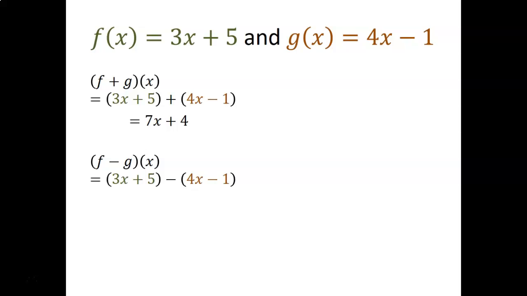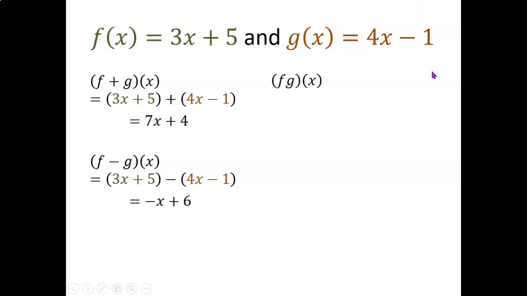And when you subtract a negative, that's the same as adding a positive. So after you combine like terms, this simplifies to negative x plus 6. 3x minus 4x would be negative 1x, or just negative x, and 5 minus negative 1 would be 6. So the result is negative x plus 6, or you could write it as 6 minus x.